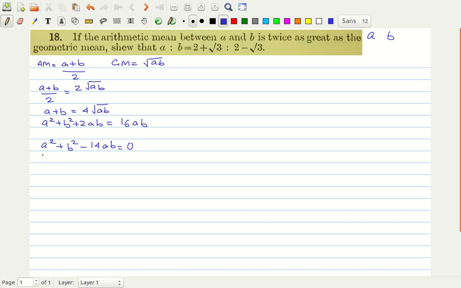And now I divide this entire equation by B square, because B square is not 0. So what we get is A square by B square plus B square by B square, which is 1, minus 14 AB by B square, which is minus 14 A by B, is equal to 0.